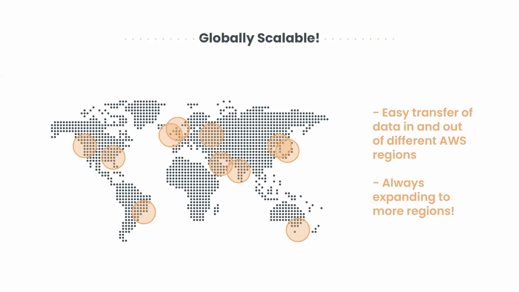And this is important because if you have the data for your consumers that are in Europe, let's say, stored in an AWS warehouse in Seattle, the fact that you're using AWS won't change the fact that it's essentially going to be slower for them to access data if it's stored halfway across the globe. So because of that, there are localized AWS warehouses across the globe, and they're always expanding to more regions.